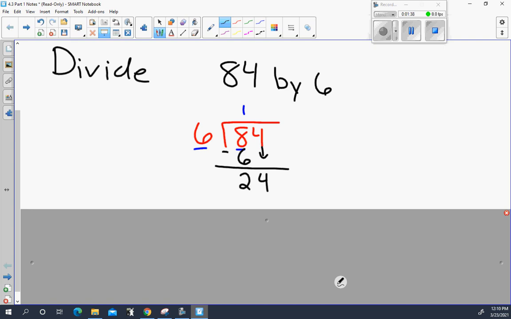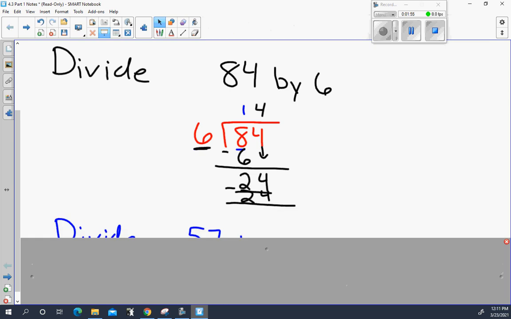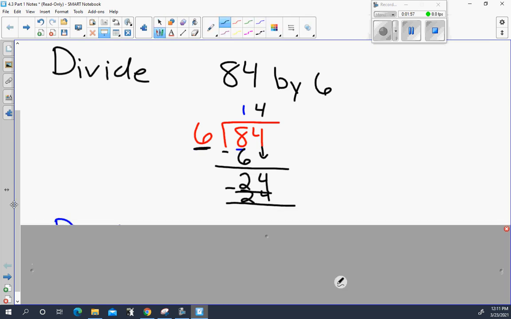And then we ask, well, how many times does 6 go into 24? We should say 4 times, right? And what's 6 times 4? You get 24. Subtract. And what do you get? You get 0. What does that 0 mean?